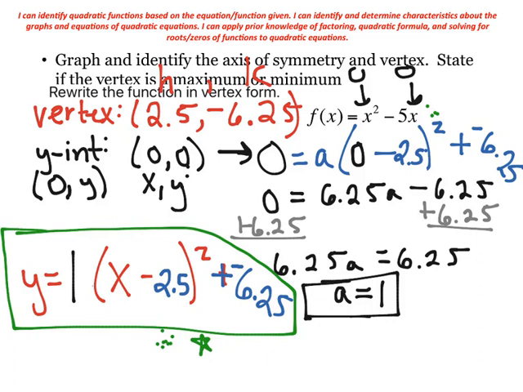And the reason why is because they are on top of each other, because they are the exact same thing. If there is any variation whatsoever, if you can tell the difference between those two functions, then you've made a mistake, because the original x squared minus 5x and your final answer in vertex form should be the exact same graph. So you should only see one representation of a graph on your calculator.